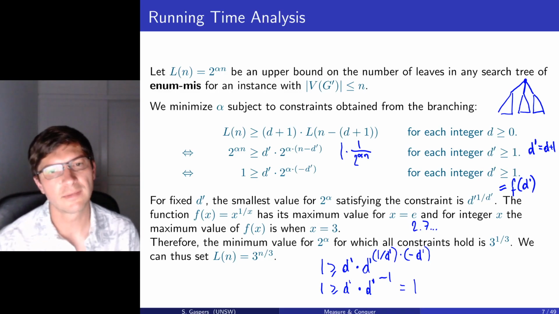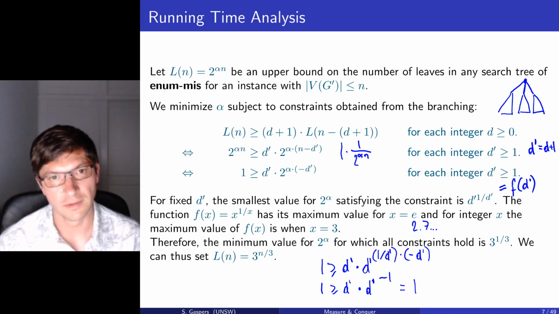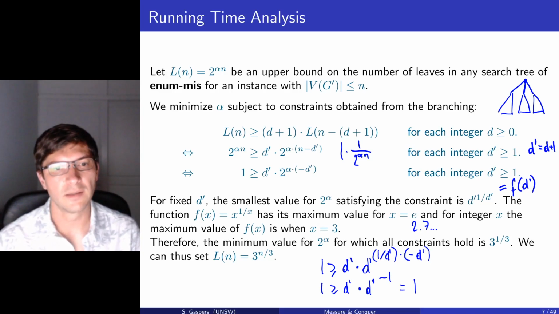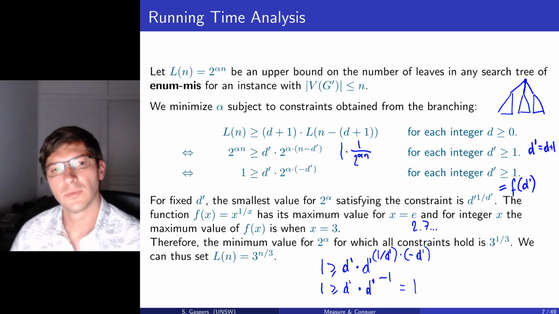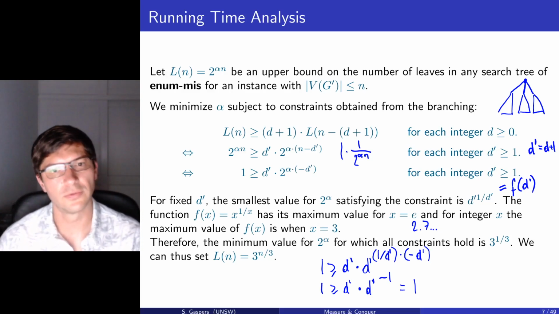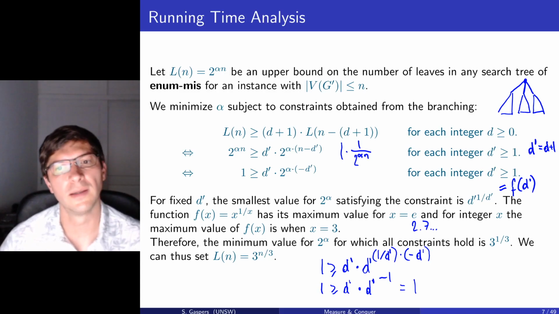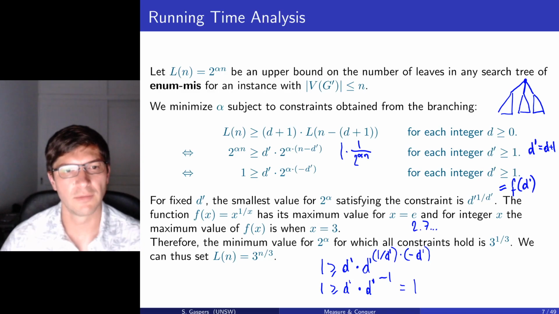If we require that x is an integer, as in the degree of a vertex is always an integer, then the maximum value of f is when x is equal to 3. So we conclude that the smallest value for 2 to the power alpha that satisfies all of the constraints is 3 to the power 1/3. And therefore we can set L of n is equal to 3 to the power n thirds, and then all of these constraints are satisfied.